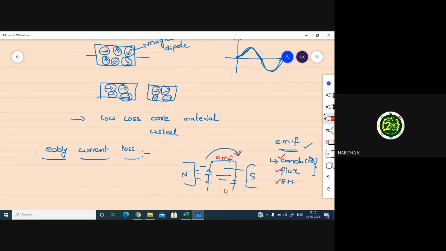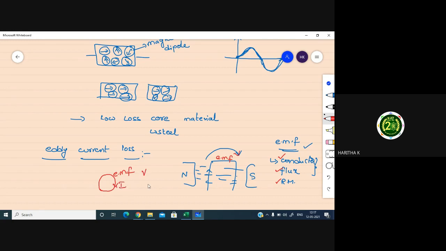Whatever the conducting part is there, not only the wire, the armature core is also a conducting material. So EMF is induced in the armature core. Then what will happen? The armature core is a closed one. There is no open path. So if EMF is induced in this armature core, due to this closed nature, current will circulate.